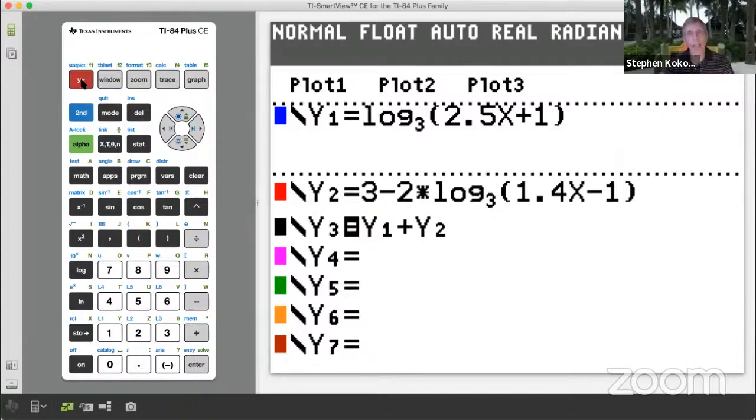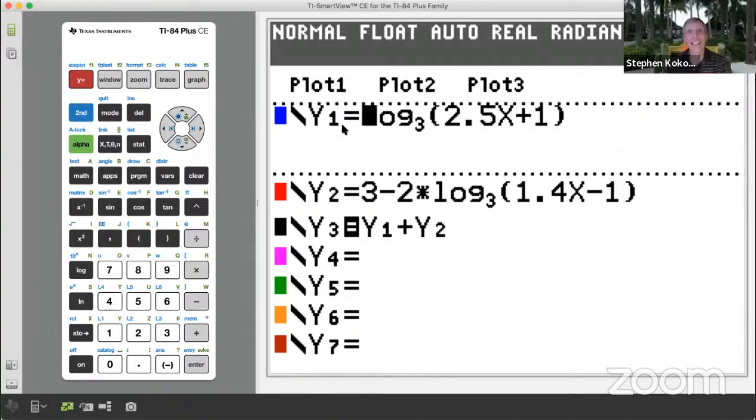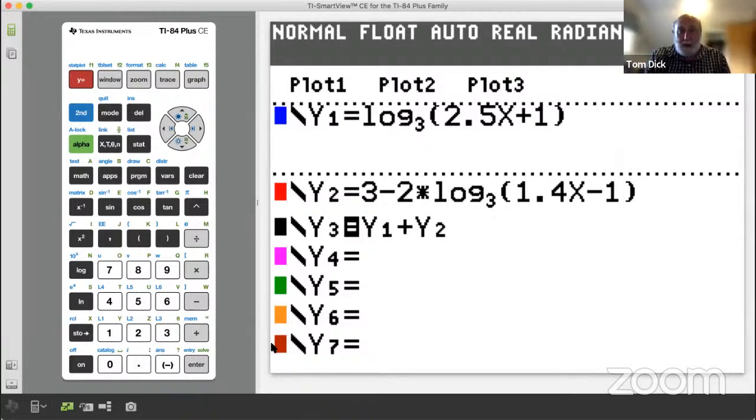Quicker to enter, but notationally, maybe it's more appealing to put in y1 of x plus y2 of x. I don't know. Yeah, and to be honest, notationally, it would be actually kind of nicer if this said y1 of x and y2 of x. And in fact, that's what the Nspire does. Yes. But I think they're looking to save time typing, so it allows shorthand here. Yep. Okay. All right.